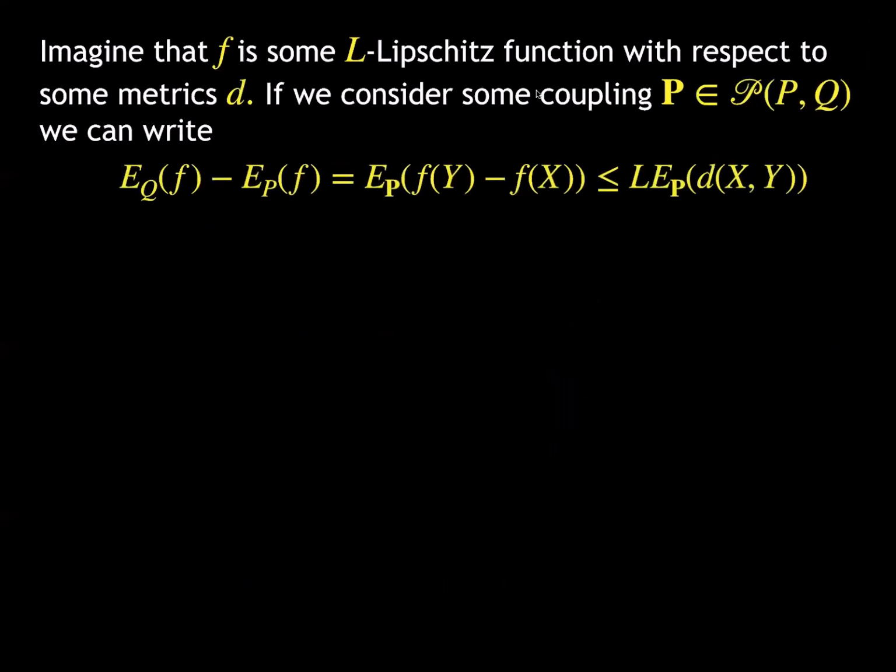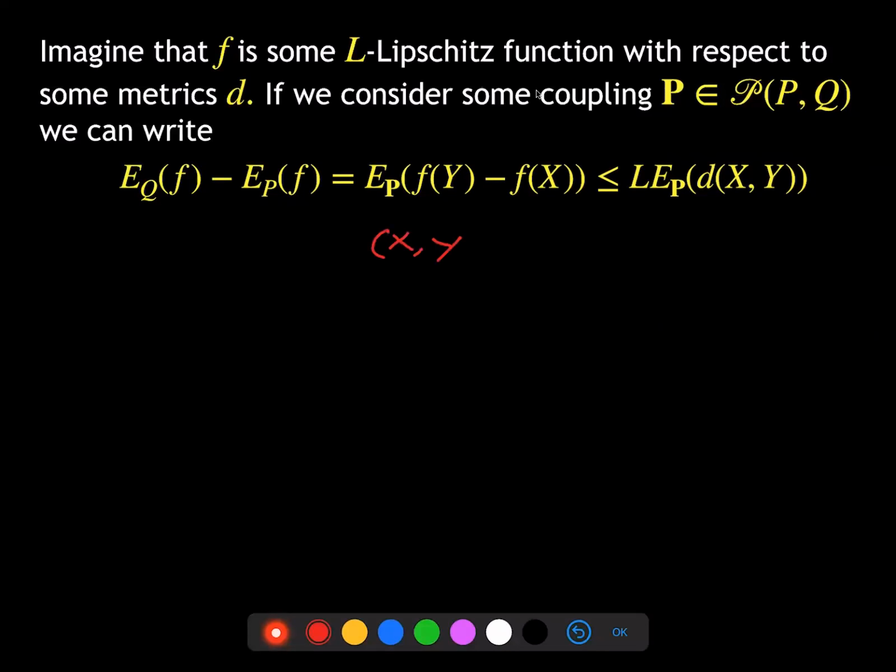Okay, so what is important here is that as soon as you have a coupling between P and Q, you can write the difference between these two expectations as the expectation of the difference. Here implicitly when I'm writing this, it means that the couple of variables has joint distribution bold P, which is a coupling.